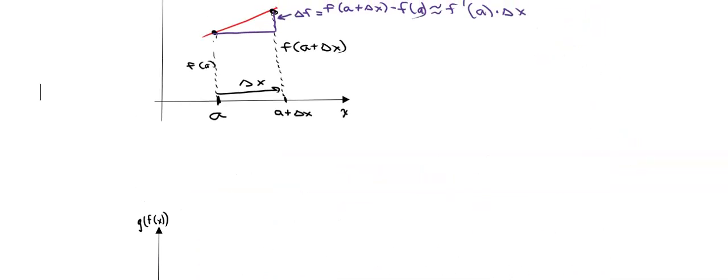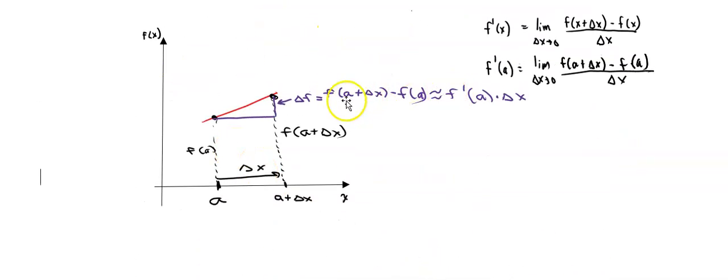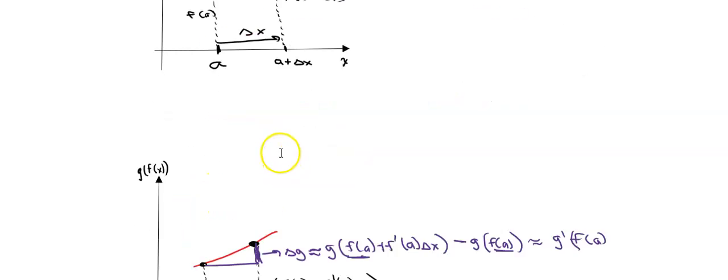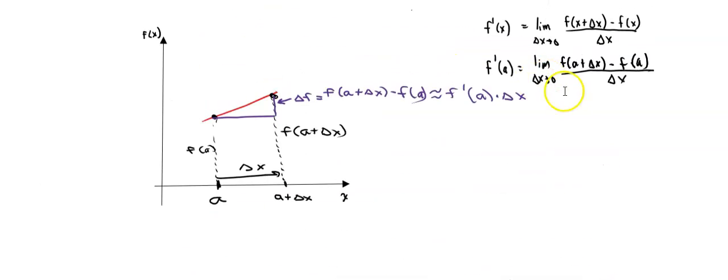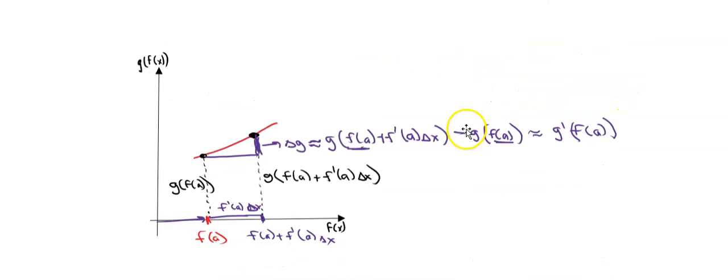So playing the same role as f of a up here, that was that first input quantity, we now have g of f of a. f of a is that first input quantity. So it's g prime of f of a is the numerator there. But then like we did up here, you just have to imagine multiplying by delta x.